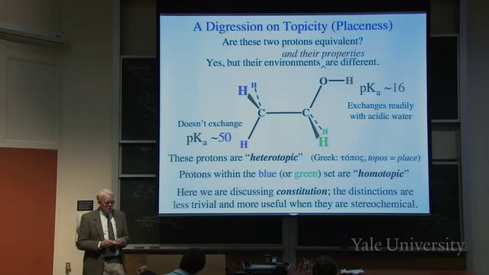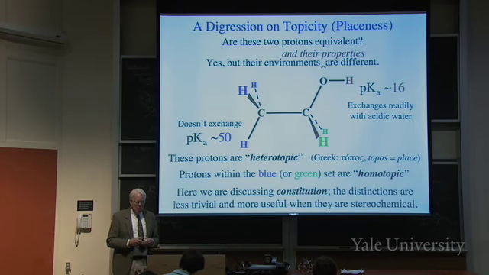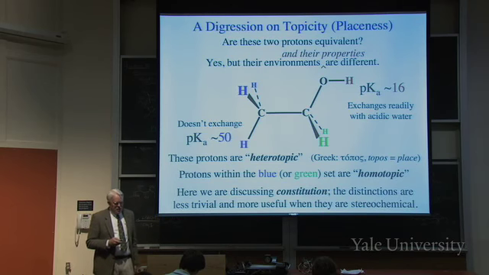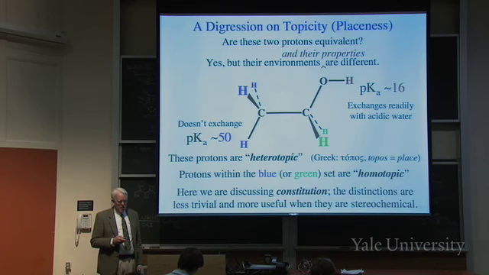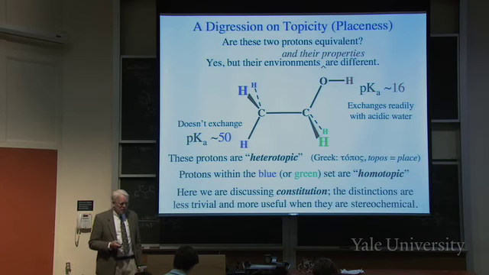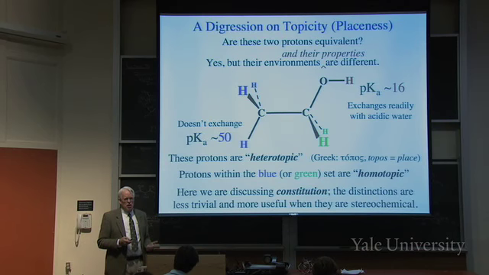The nature and sequence of bonds are obviously the same between the two green or among the three blue hydrogens, and both of those are different from one another and from the red hydrogen. So by constitution, the blue ones are homotopic, the green ones are homotopic, the red one is its own, right? But the green is heterotopic with respect to the red or the blue and so on. So that isn't telling you much that you wouldn't already have realized easily.